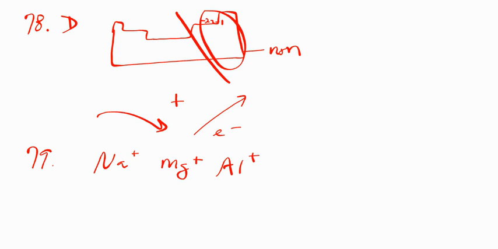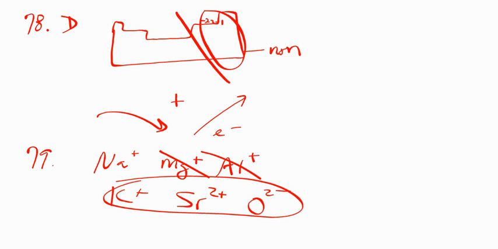B says K+, strontium's 2+, oxygen's 2-. Is that correct? Potassium, strontium, oxygen, that is all correct. So this is the only one that does apply. Therefore, for 79, the answer is B. Moving on to number 80.